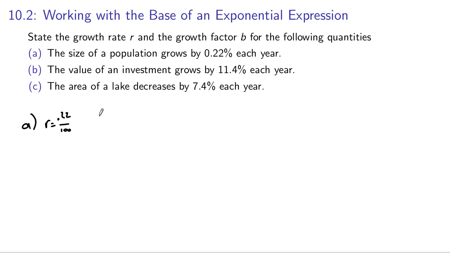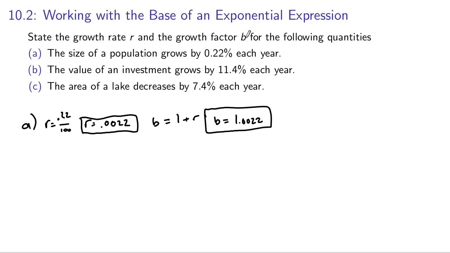That's our rate, r, which as a decimal, we could get by shifting the decimal place to the left twice when we divide by 100. 0.0022 is our growth rate. So r is 0.0022. It's the first part of our answer. And then the growth factor b is just 1 plus r, which would be 1.0022.